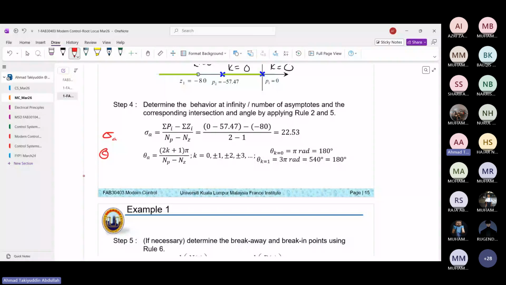So theta will be the theta that we also refer to as the theta for the asymptotes or the theta for the behavior at infinity. But we use this theta under the consideration of asymptote instead of behavior at infinity, since it can be within k equals 0 and so on and so forth.